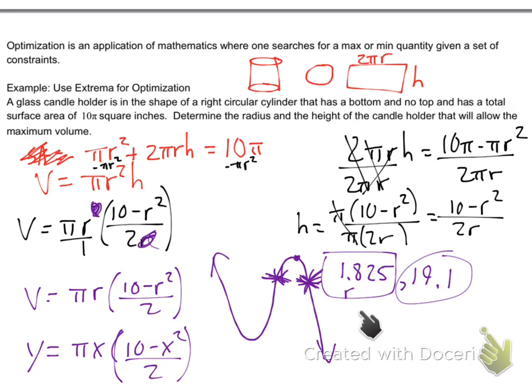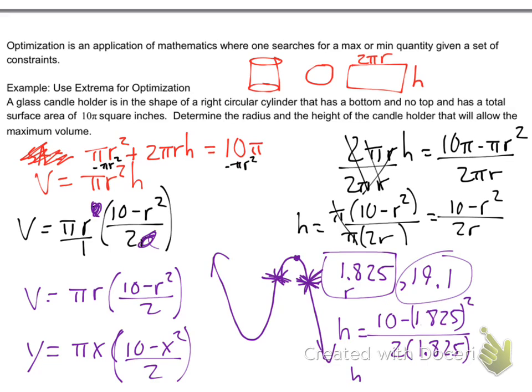If I know that this R value is what makes it have the biggest volume, I can use that I solved for H already in terms of R. So I will then just say H is equal to 10 minus 1.825 squared over 2 times 1.825.